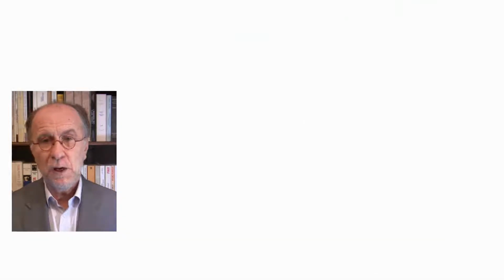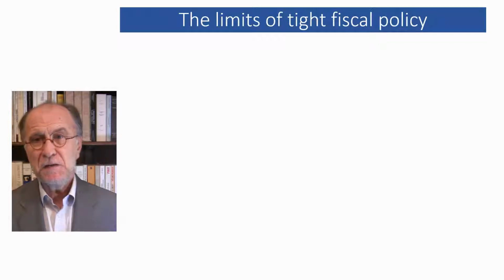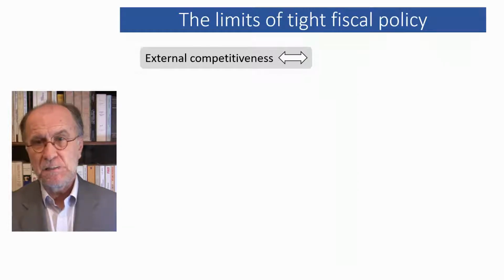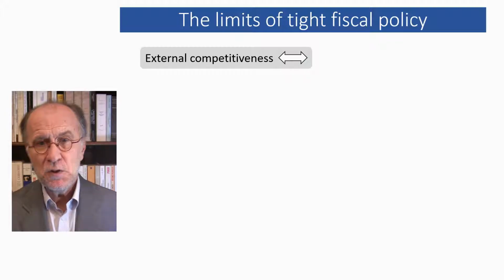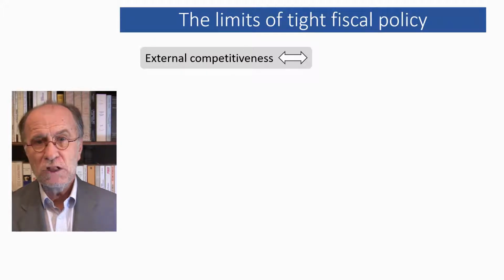What are the limits of a tight fiscal policy? If external competitiveness remains constant, a tight fiscal policy that reduces public spending or increases the public levies ratio will improve an economy's public balance ratio by generating lower economic growth than in the trading partner economies.